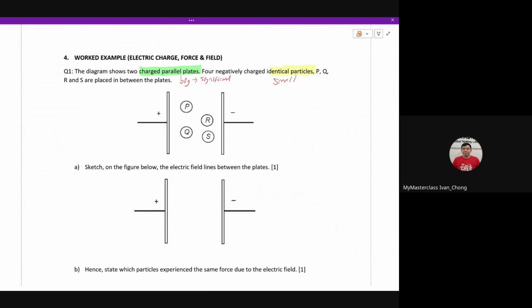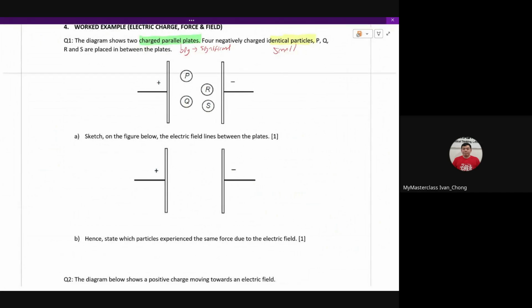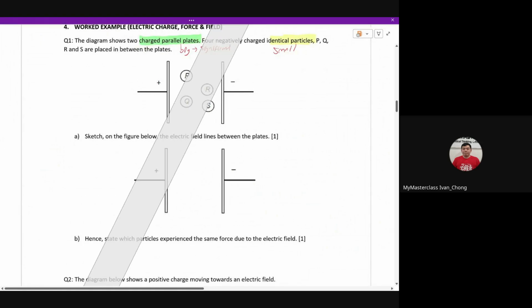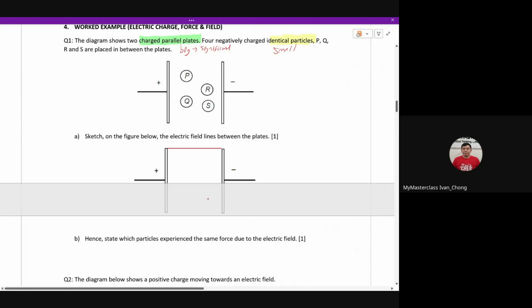So in part A, how are we supposed to draw your electric field lines between your plates? You grab a ruler. What you want to do is, because your two plates are much bigger and much more significant compared to the small little particles, right? You can just imagine your metal itself, your amount of substance is made out of small little particles, so your particles are super duper small compared to your solid metal plates itself.